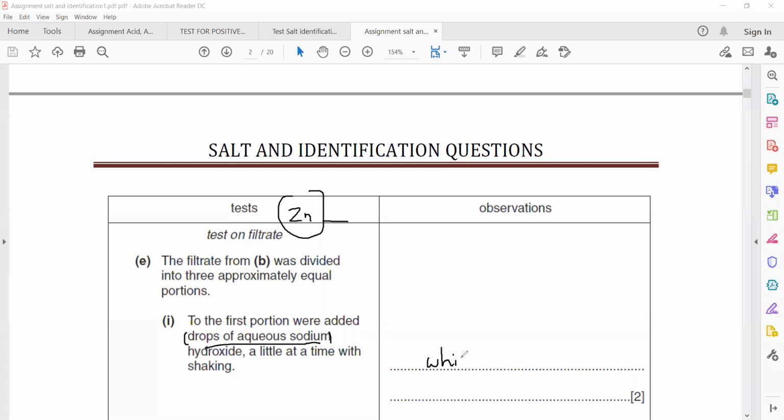These are free marks. Why are these free marks? Because 1 mark is for writing white and 1 mark is for writing precipitate. That's why it's 2 marks. So the color of the precipitate and the precipitate itself will give you marks.